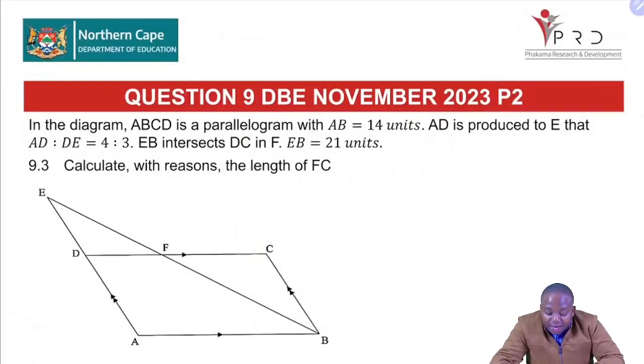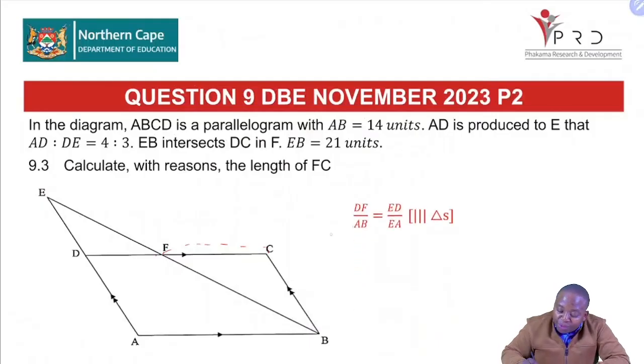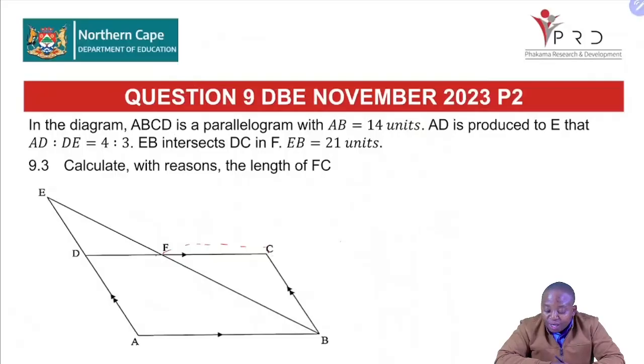Calculate with reasons the length of FC. How are we going to find FC in this case? Now, how would you find FC? To find FC, we are going to work with the similar triangles that were given to us, right?